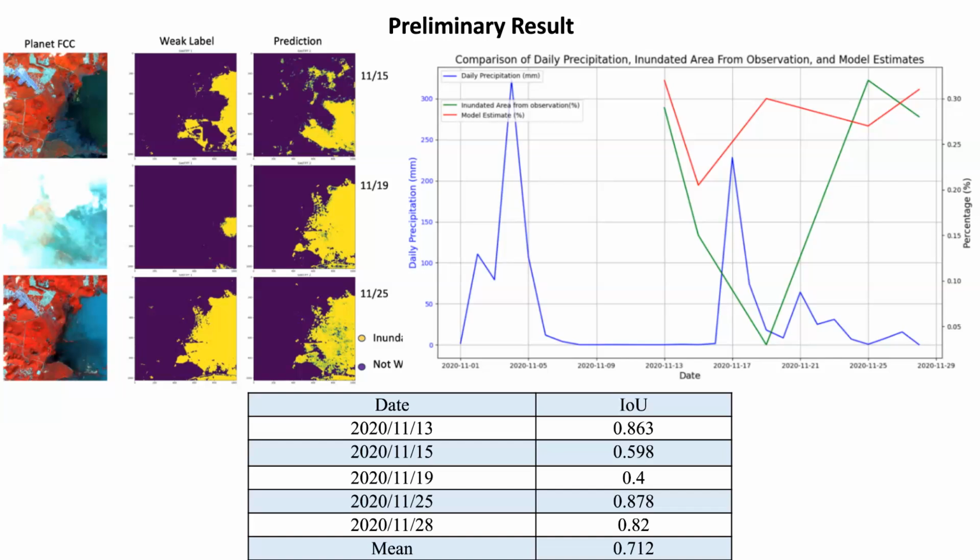But one interesting thing is that on this date, November 19th, there was a lot of cloud coverage. And so the actual flood detection model only detects a very small fraction of flood area, but just judging from what happened before that, which is November 15th, and November 25th, this area should still be flooded.